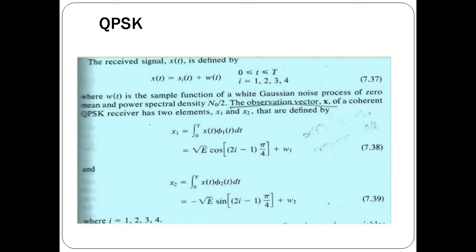So the received signal is X of t, like I said previously. X of t can be converted into observation vector X1. We have two basis functions, so X1 and X2 both will come. If I multiply the received signal with phi 1 of t, it will give the X1 value. If I multiply the received signal X of t with phi 2, that results in X2.